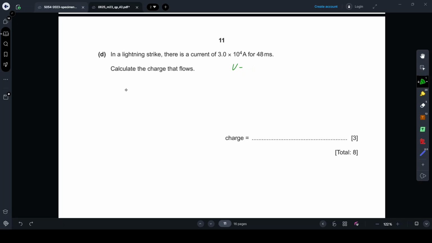So current is the flow of charge over time, so that's I equals Q over T. So Q equals IT, which is 3.0 into 10 to the power 4 times 48 milliseconds. 48 milliseconds is 48 into 10 to the power minus 3 seconds. All right, so do the math, please.